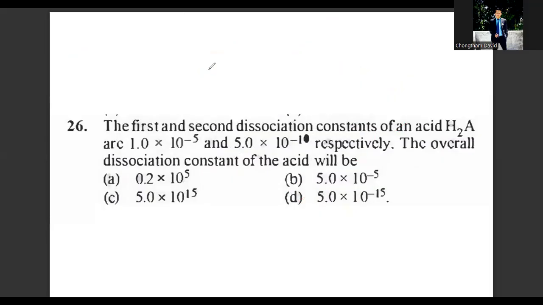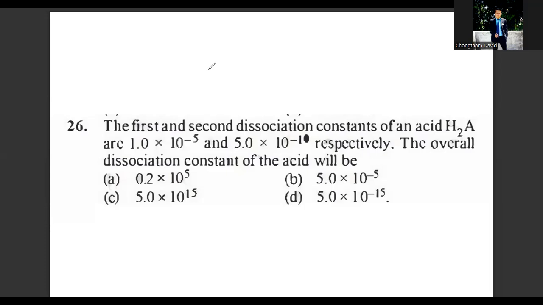The first and second dissociation constants of acid H2A, a dibasic acid, are 1.0 × 10 to the power minus 5 and 5.0 × 10 to the power minus 10 respectively. The overall dissociation constant of the acid will be, so apply the rule of thumb.